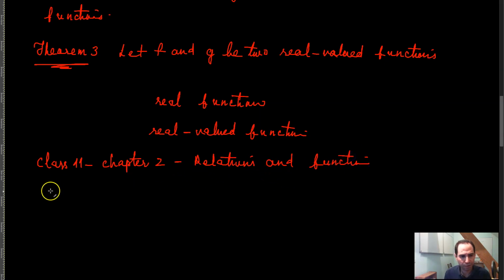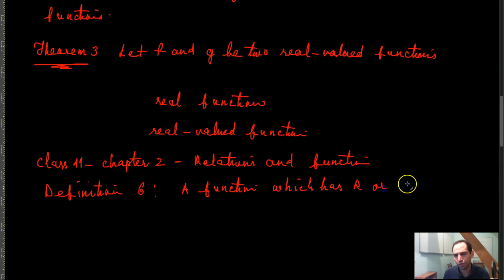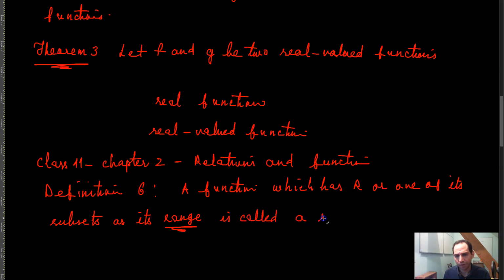We had definition number 6, which says that a function which has either R or one of its subsets as its range is called a real valued function.